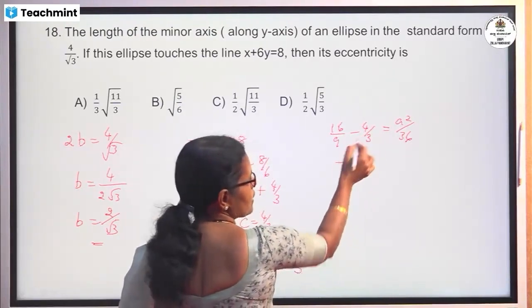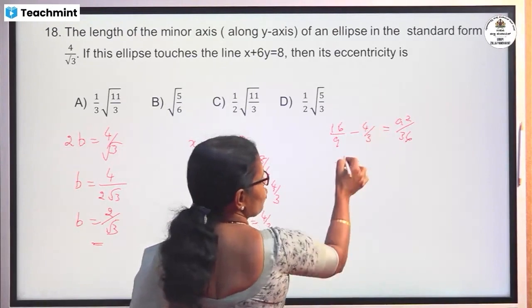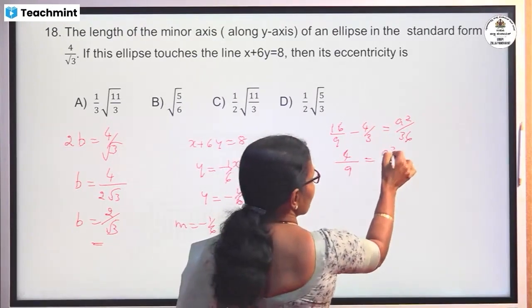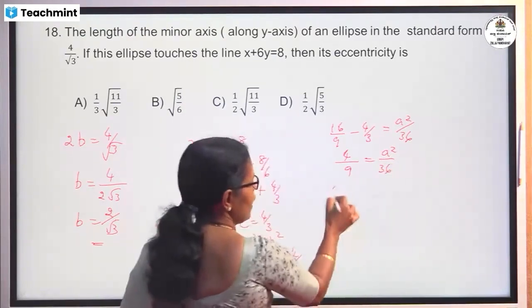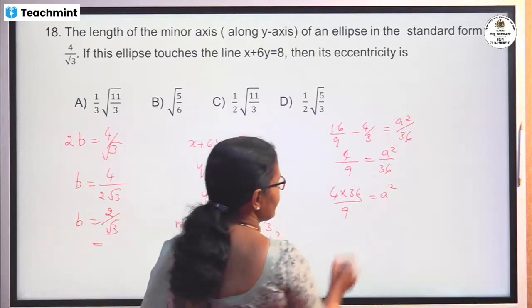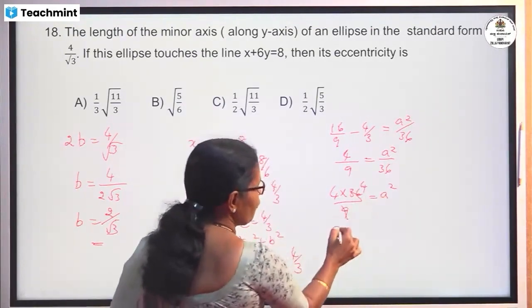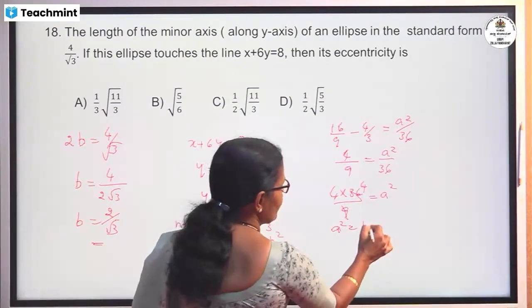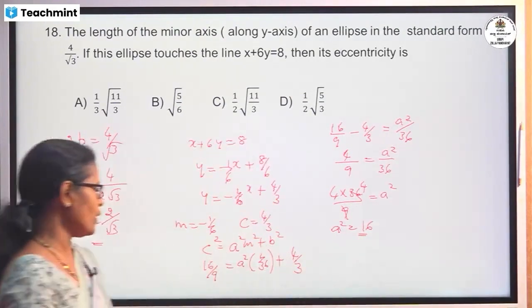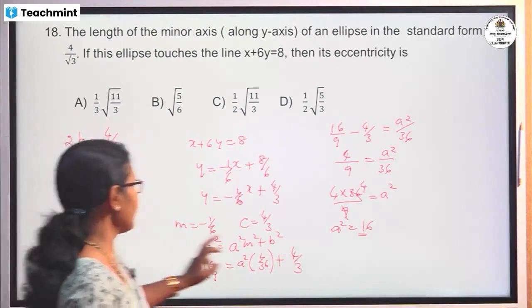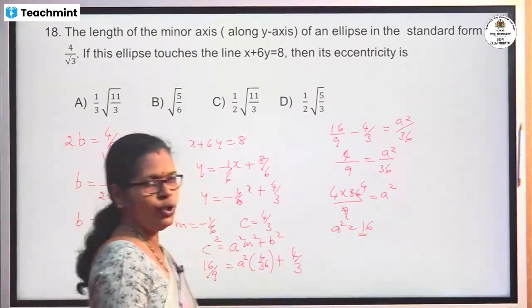Then we get 4 by 9 equals a square divided by 36, or 4 into 36 divided by 9 is equal to a square. So a square is equal to 16. B square is equal to 4 by 3, a square is equal to 16.